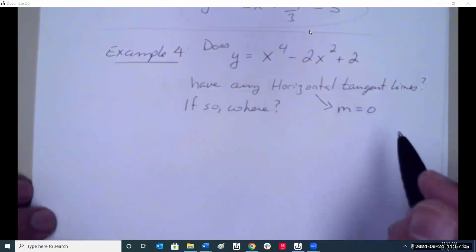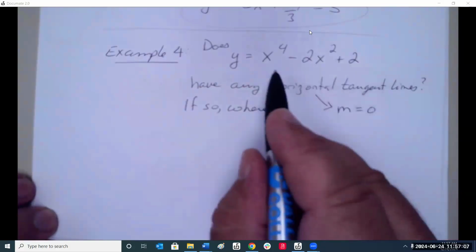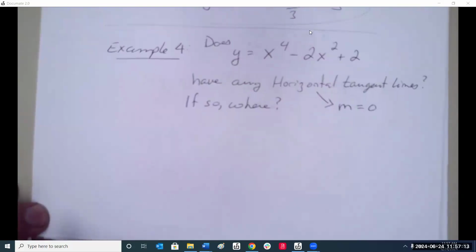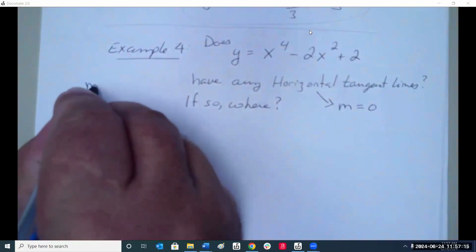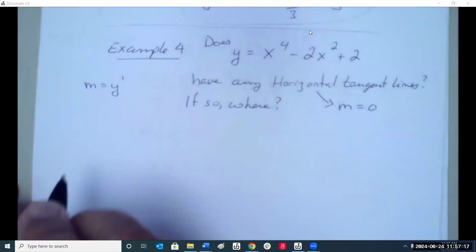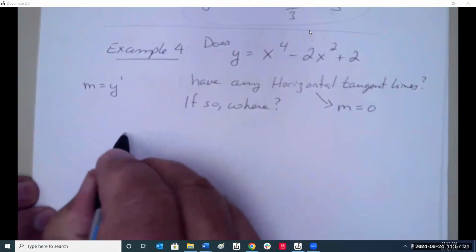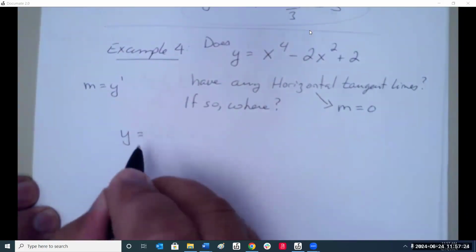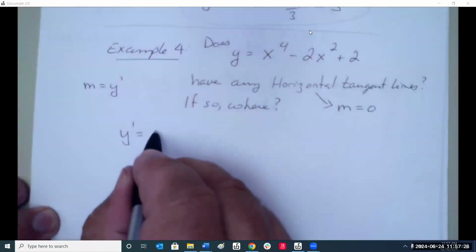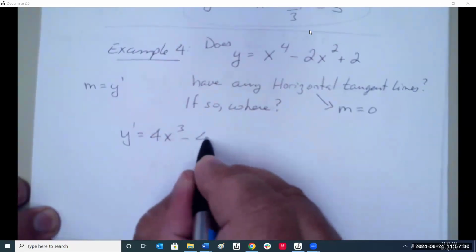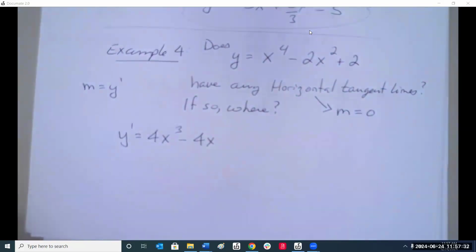So how do we find the slope of this function? Find the first derivative. Since we learned shortcuts, we find the derivative of this, which would give us 4x cubed minus 4x.